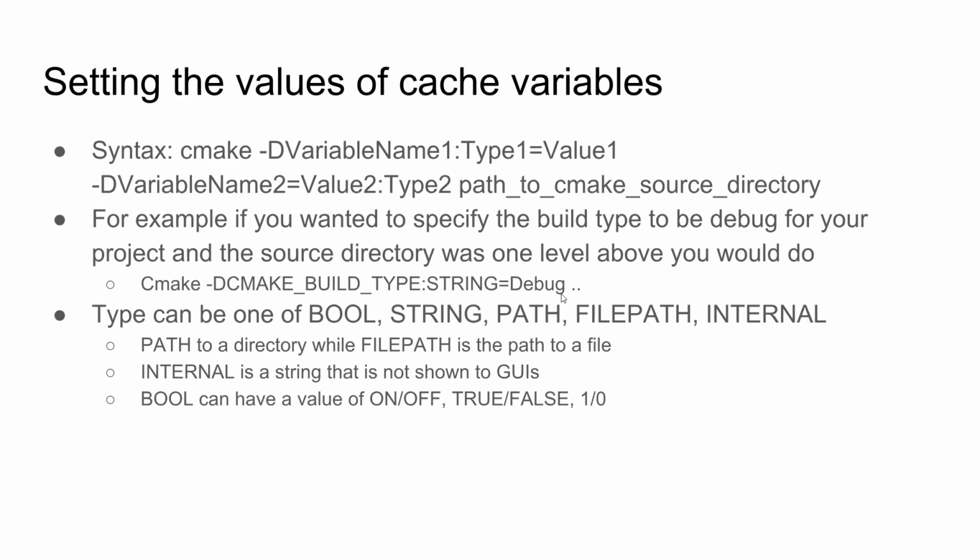There's also RelWithDebInfo, which is release with debug info, which will try to turn on all the optimizations and whatnot, but also still keep the debug information in there to help you find errors. If you do Debug, it turns off all the optimizations and does the least amount of code change that it can to the underlying executable.